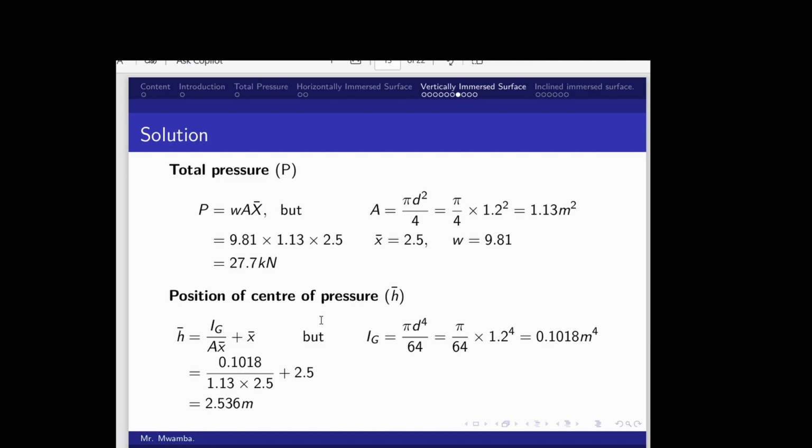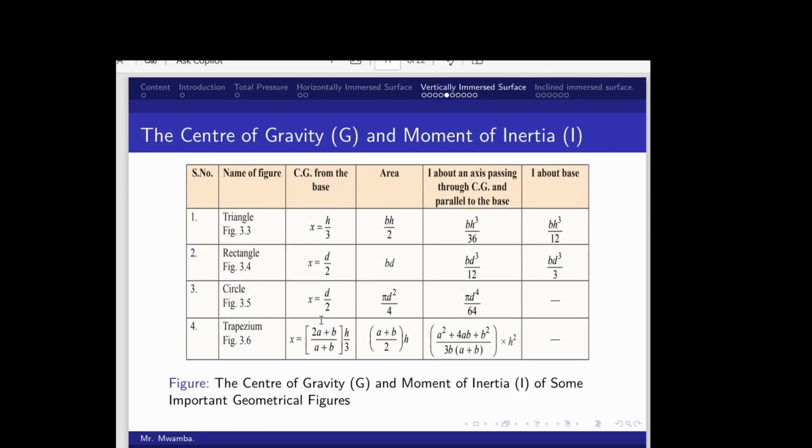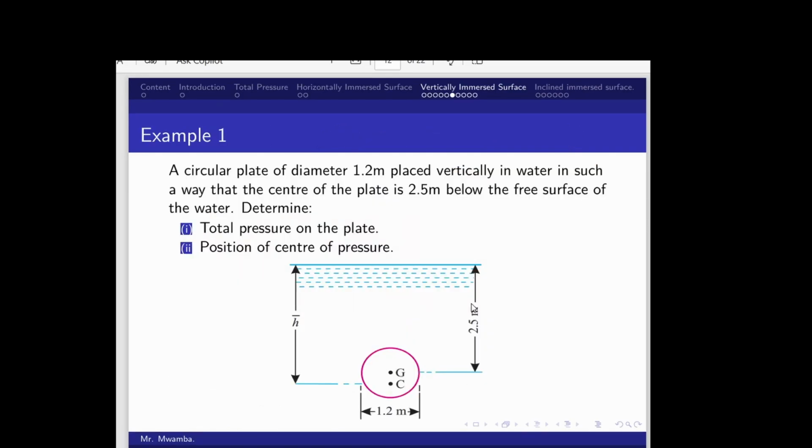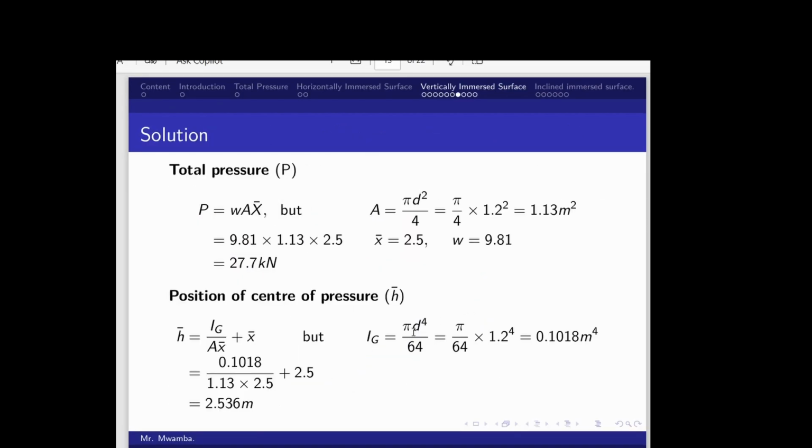Moment of inertia for a circle, we go back to the table. This is our circle. The moment of inertia for a circle is given by this formula, pi d to the power 4 over 64. So substitute, the diameter has been given as 1.2, to the power 4 over 64, you get 0.1018 meters to the power 4.